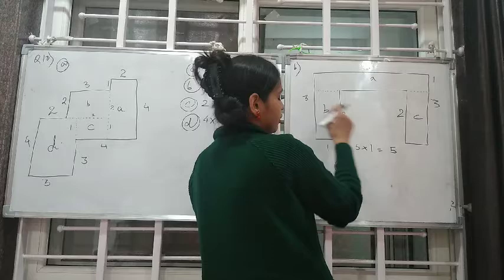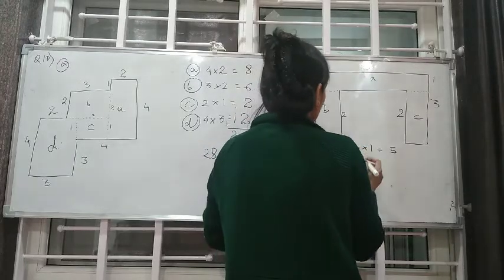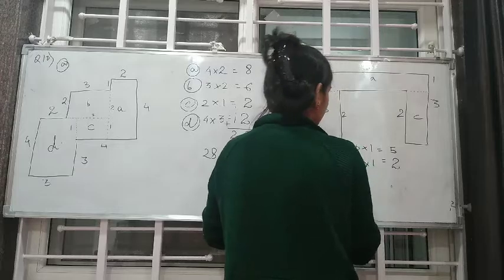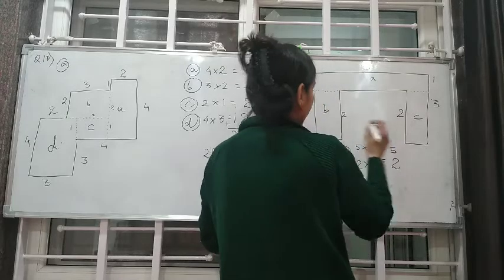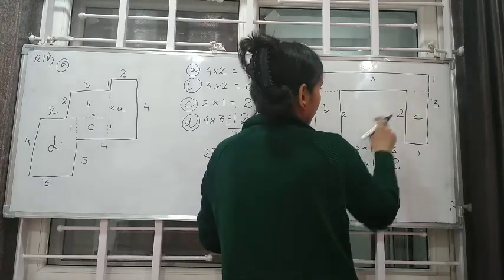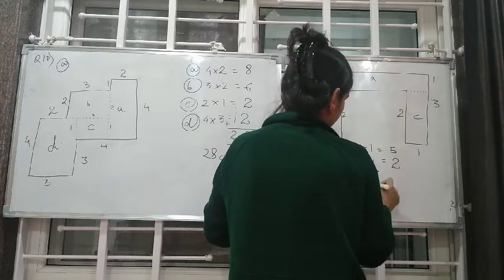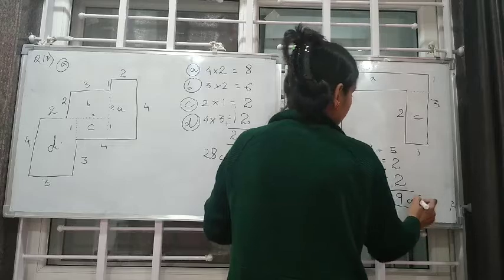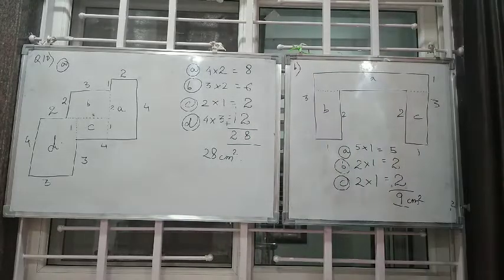So if this is 2, this is also 2. So 2 into 1, 2. And C, again, this is also 1. 2 into 1. So this gives us 9 centimeter square. And this completes question number 10.